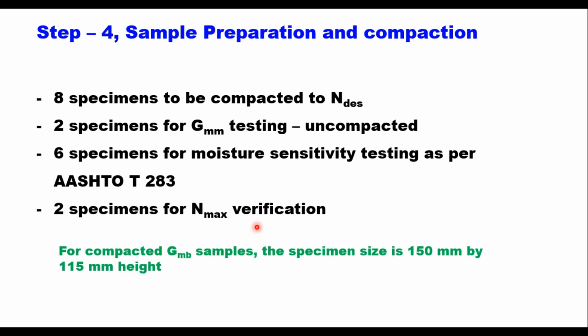For compacted GMB samples, the specimen size is 150 millimeter by 115 millimeter height. So diameter is 150 millimeter and height of the specimen is 115 millimeter for compacted specimens for calculation of bulk density.